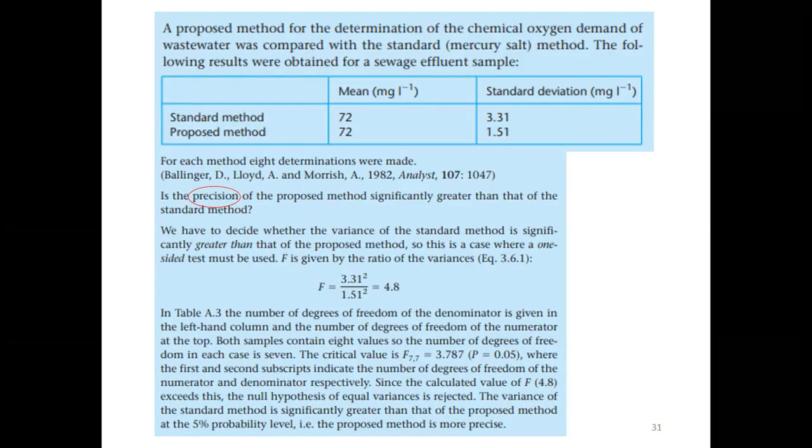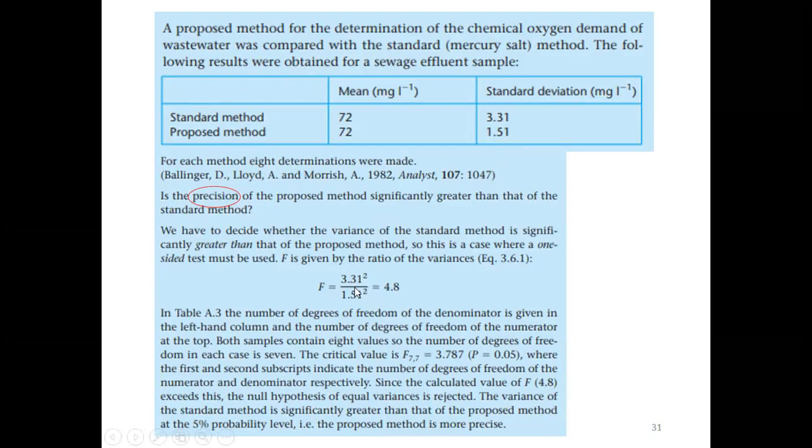So I told you earlier, F should always be greater than or equal to 1. Therefore, when you substitute values, the higher number should go to the numerator. Right? So when you think about these two values, 3.31 is the higher number. Therefore, we have to substitute 3.31 in the numerator, and in the denominator we can substitute 1.51.